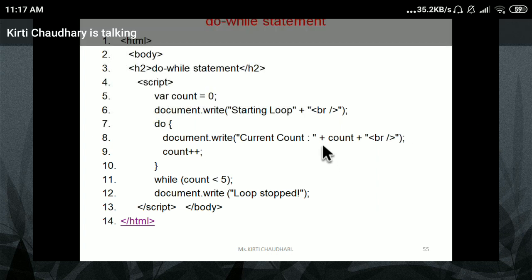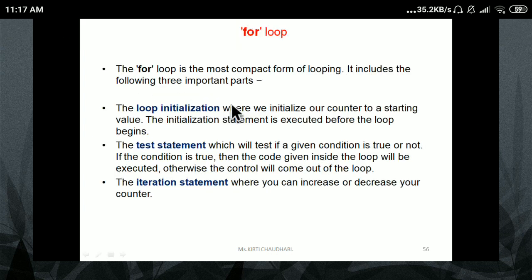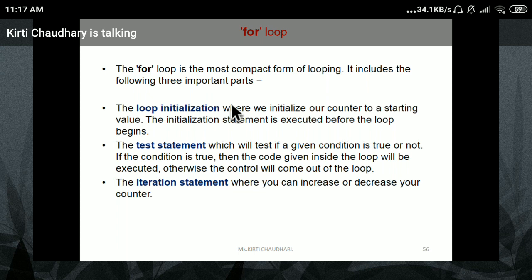Do while. Now is the for loop. For loop is the most complex form of looping. It includes the following three important parts. First one is loop initialization, where we initialize our counter to a starting value.